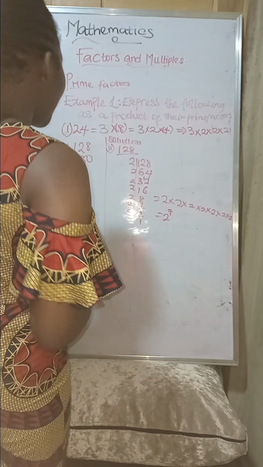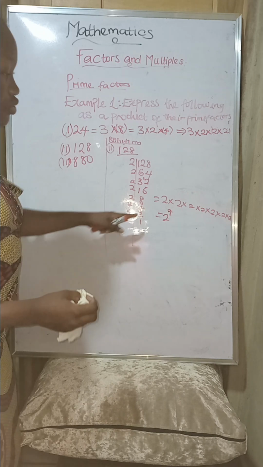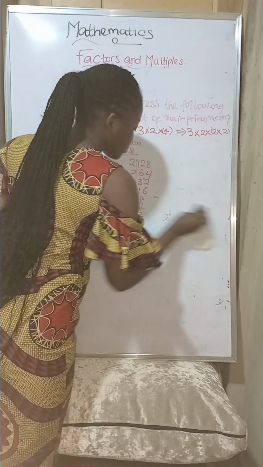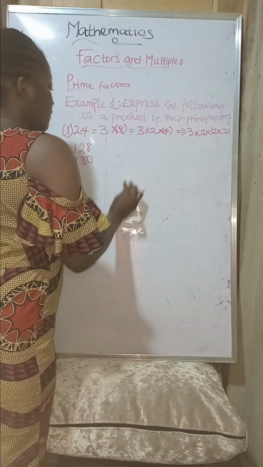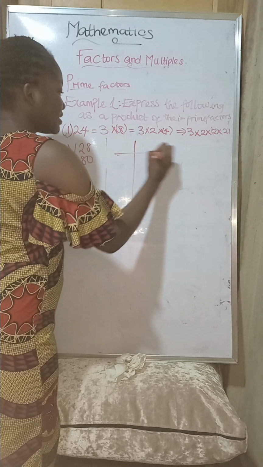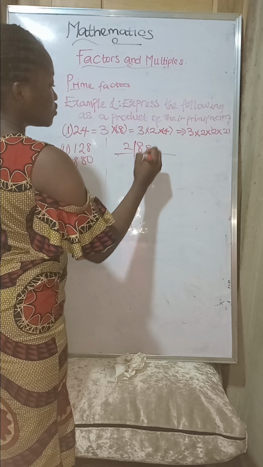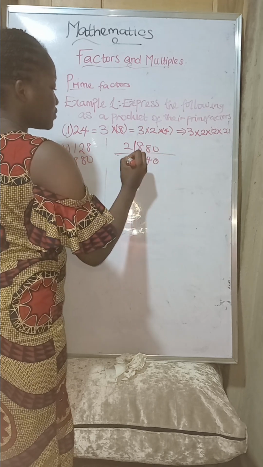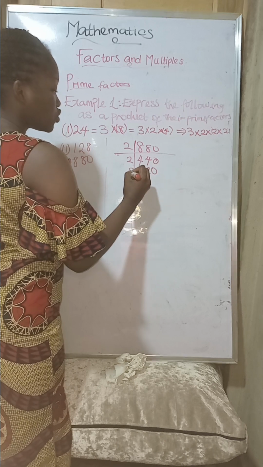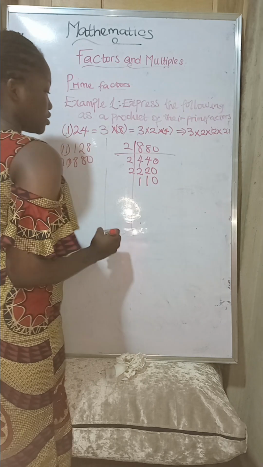So let's go to the next one. We have 880, right? I'll allow you to pen this down first. If you don't understand, tell me. I will do it again in the next class. So the next thing that we have here is 880. 2 into 8 is 4, 2 into 8 is 4, 2 into 0 is 0. 2 into 4 is 2, 2 into 4 is 2, 2 into 0 is 0. 2 into 2 is 1, 2 divided by 2 again is 1, 0 divided by 2 is 0.